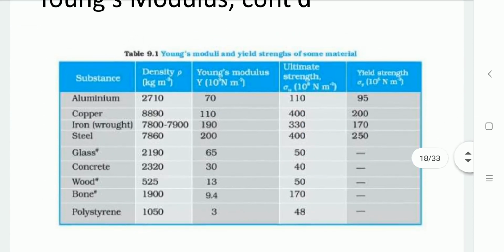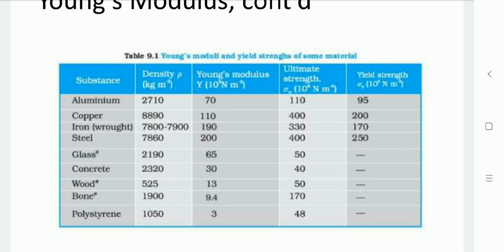Here in this table, a number of substances are given, in which Young's modulus is given based on density, and ultimate strength and yield strength are also given based on the stress strain graph. Here we can observe that for metals the Young's modulus is very large. These materials require a larger force to produce a very small change.